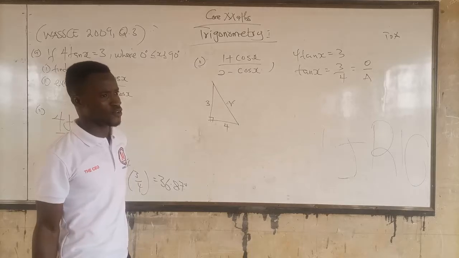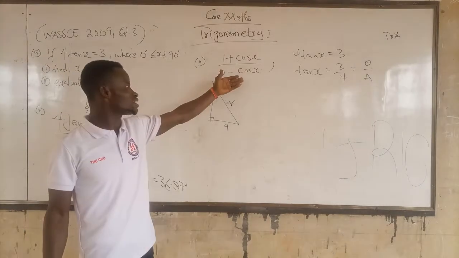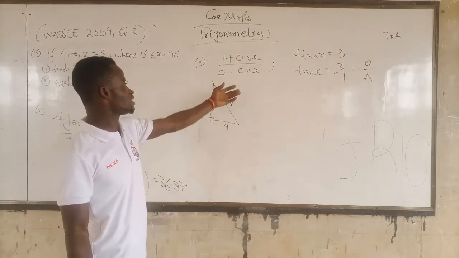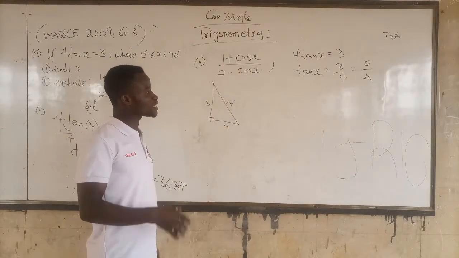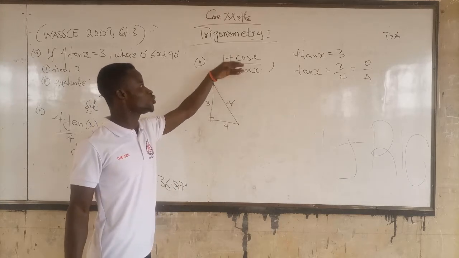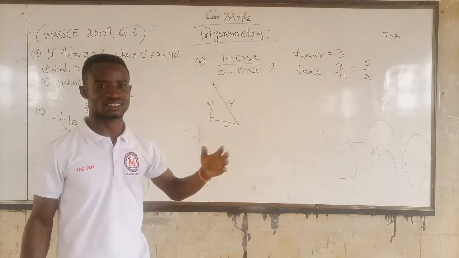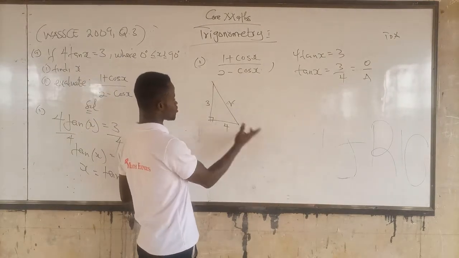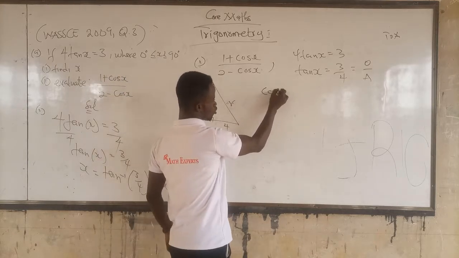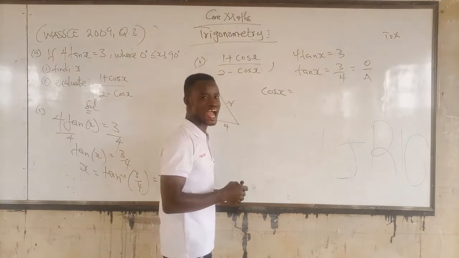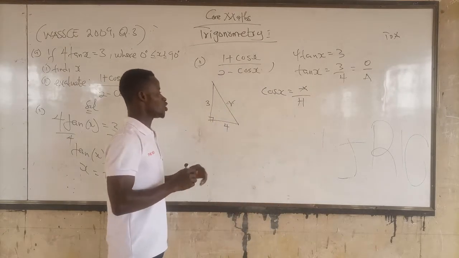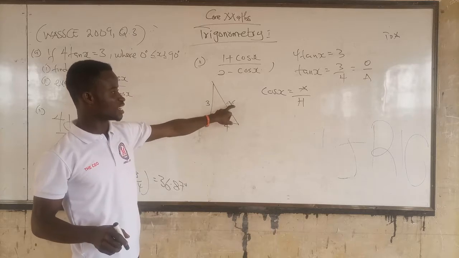It's not the focus. From the question, you don't need sin x in there. If sin x is present, then you look for sin x too. For instance, if it is 2 minus sin x, then you are interested in cos x and sin x. So before we can get cos x, we know that cos is adjacent over the hypotenuse. So we are interested to get this out.